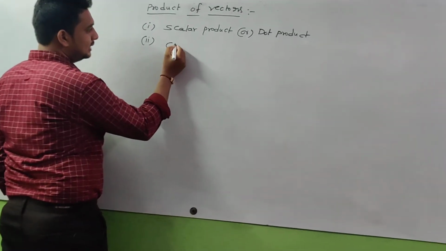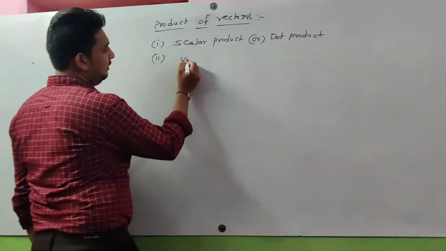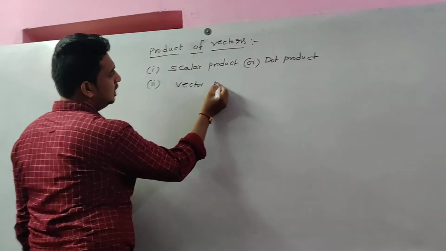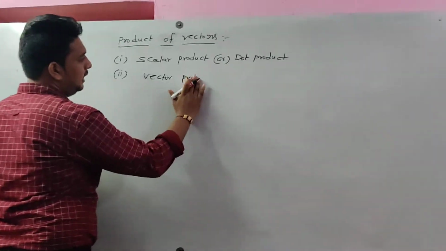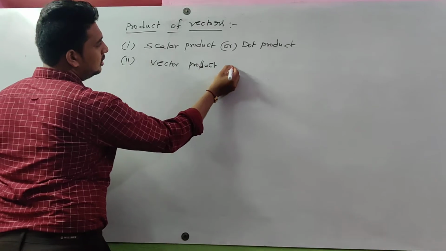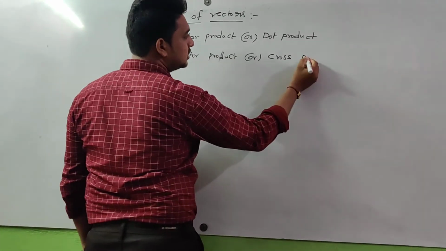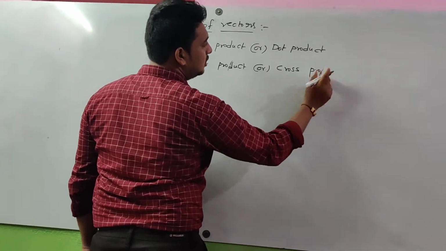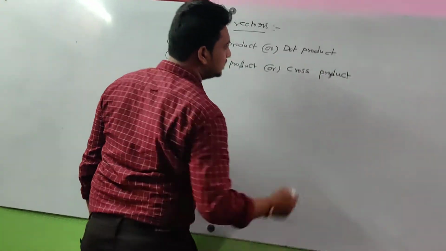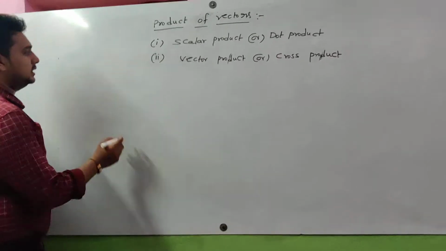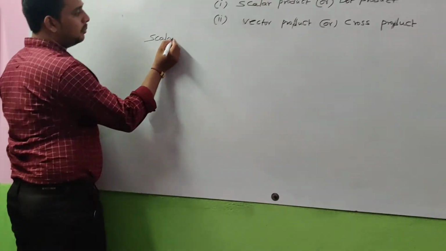And another one is the vector product or cross product. First one is the scalar product.